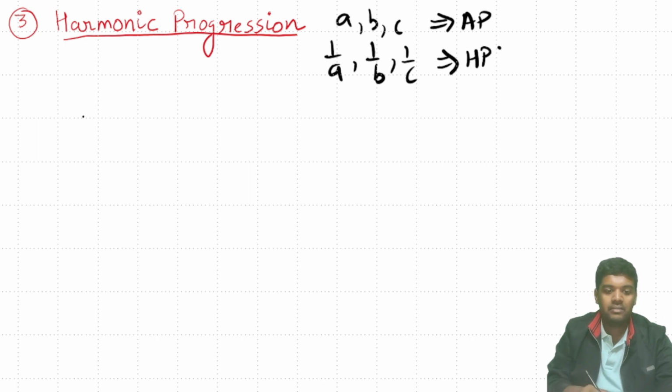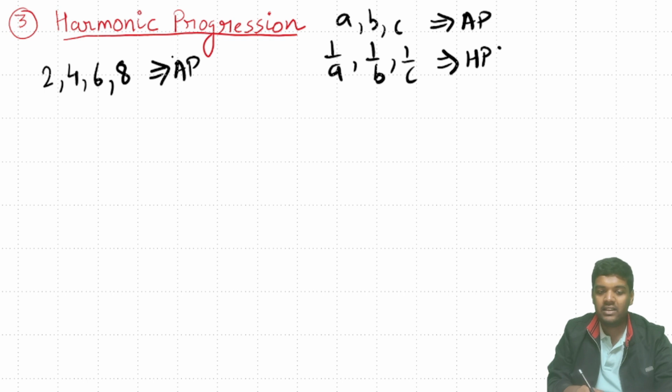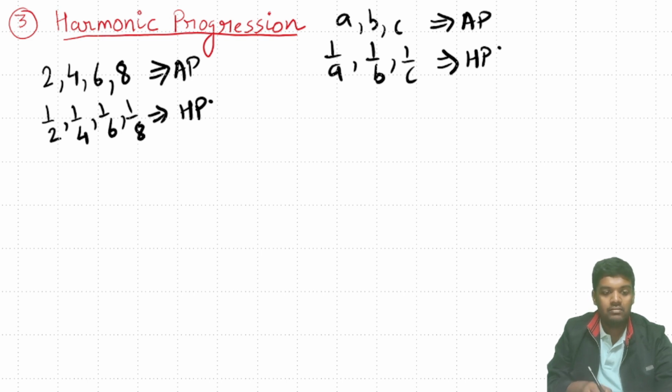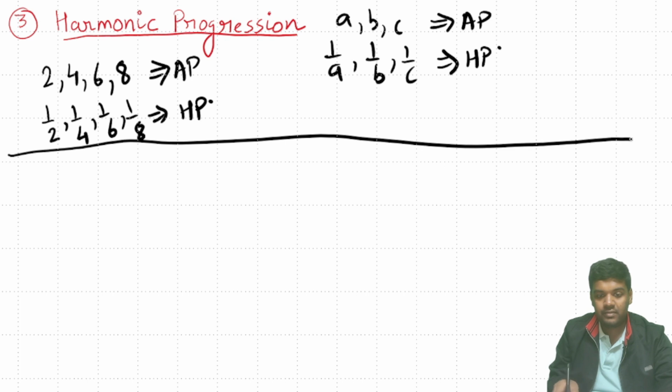Now, for example, let's say I say 2, 4, 6, 8 is an AP series, correct, common difference 2. Now 1 by 2, 1 by 4, 1 by 6, 1 by 8 will be in HP. As simple as that.